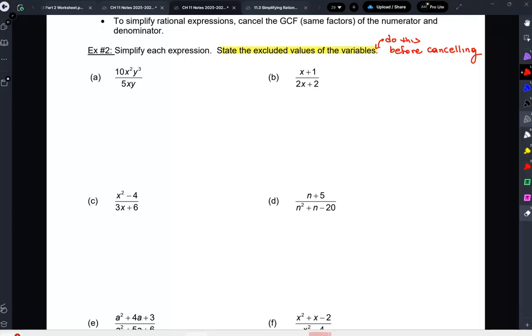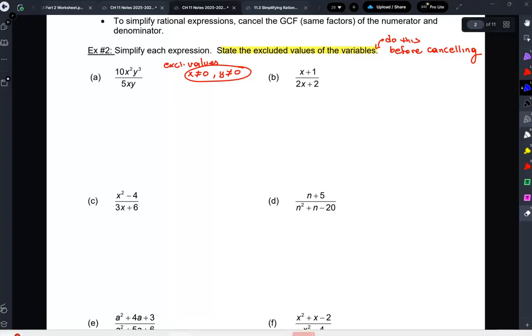So let's do that. Look at this. This is a monomial, right? So for the excluded values, I say x can't equal 0, y can't equal 0.